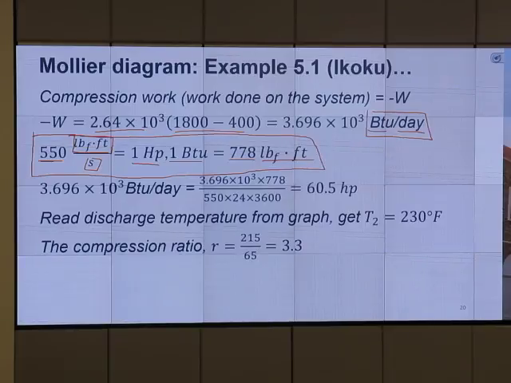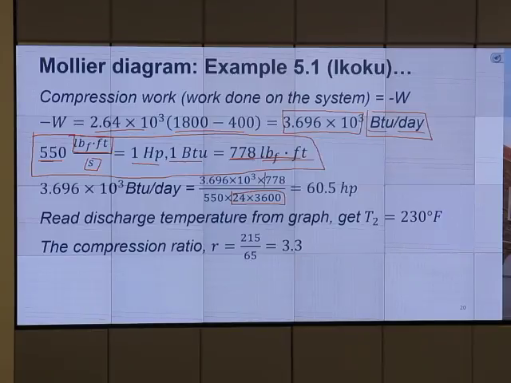Okay, so if I have that many BTU per day, how many BTU per second? So 1 day has 24 multiplied by 3,600 seconds. Good. So when I add that, it will convert from BTU per day to BTU per second. Then I know that 1 BTU is that much pound-force foot.